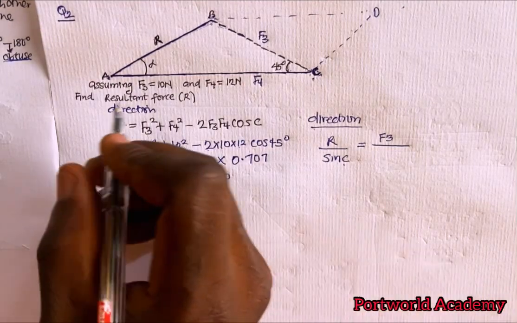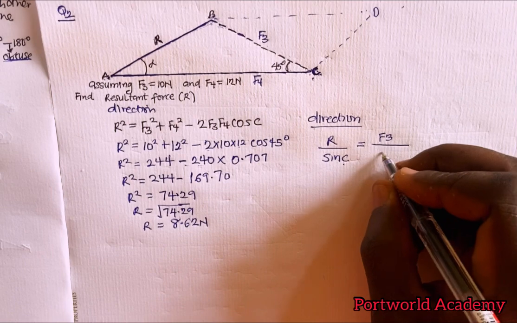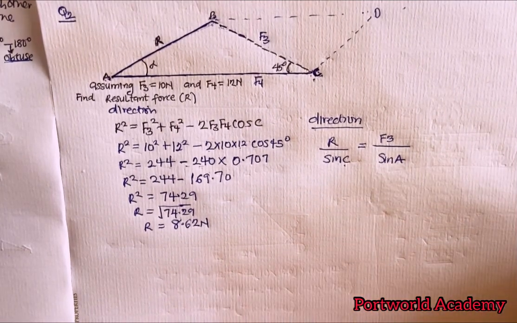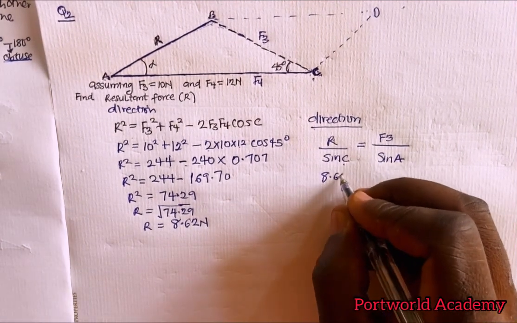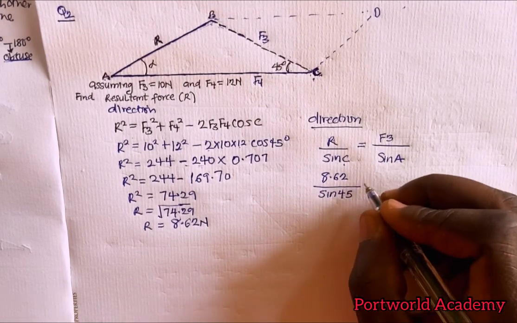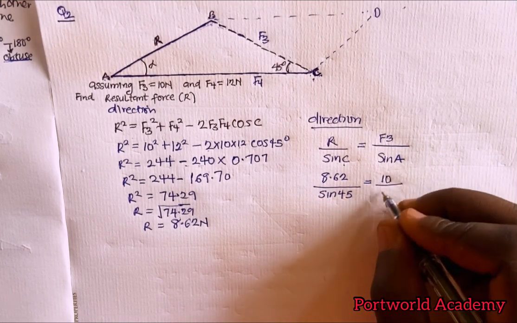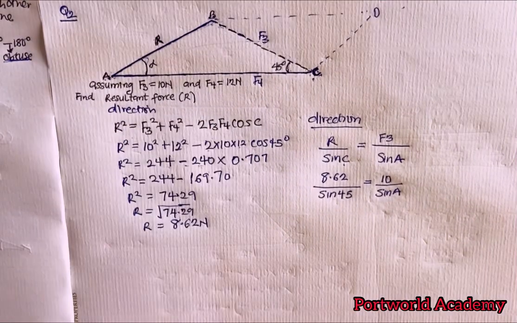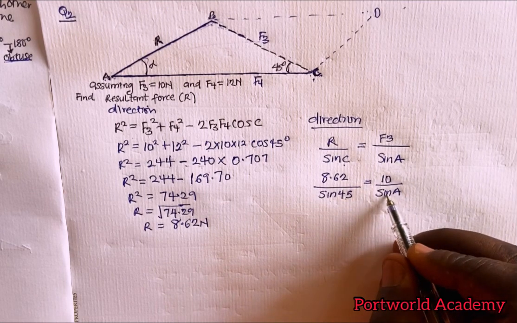That will be F3, acting towards this side, which is our sine A. So the resultant force is 8.62 divided by sine 45, equal to F3, which is taken to be 10, divided by sine A. In this case, sine A is unknown, right? So 8.62 divided by sine 45 equals 10 divided by sine A.